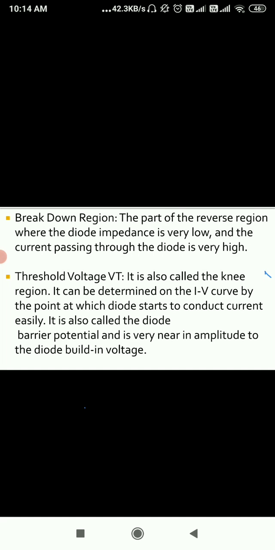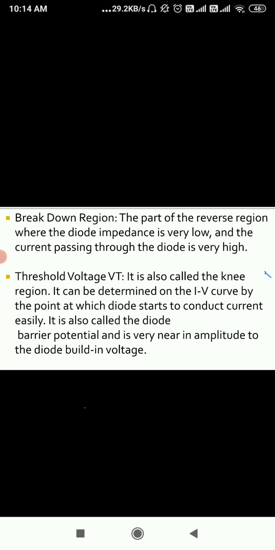Now, threshold voltage. You are supposed to note these words when you are attending the lecture. At that time, you should keep one notebook and one pen with you and note the short points, because these are the tricky questions you will get in MCQs.